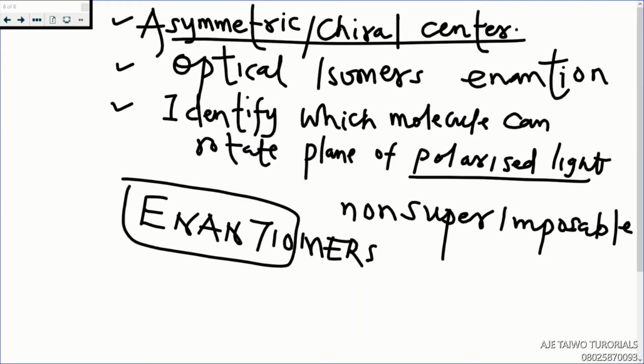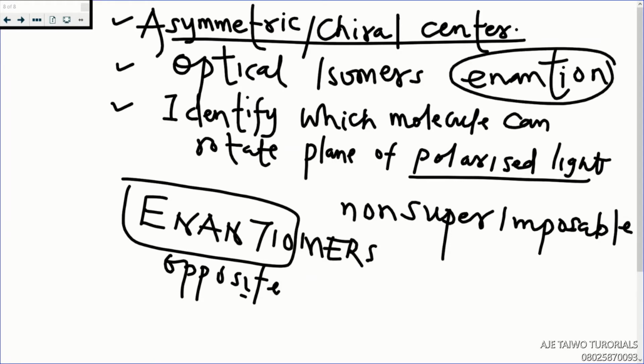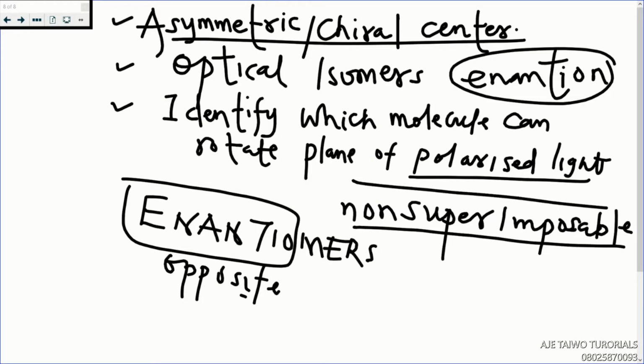Molecules that are mirror images of each other, that is, molecules that are opposite of each other, they are called enantiomers. So we say molecules which are non-superimposable mirror images of each other are called enantiomers.